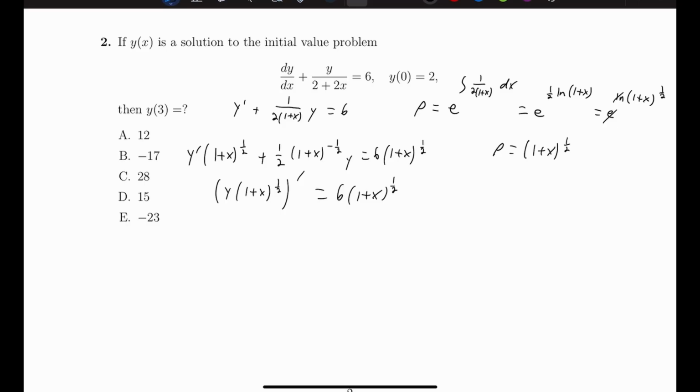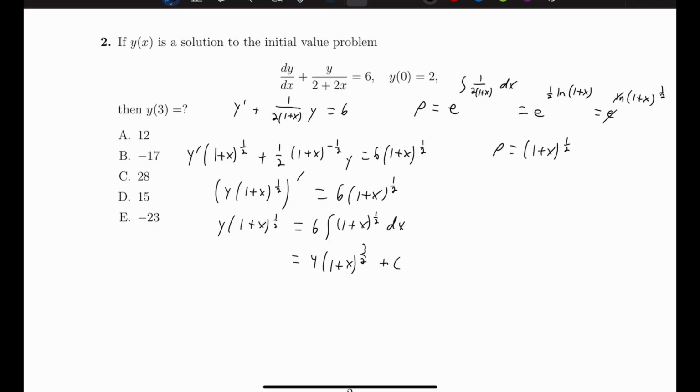Go ahead and take the integral of both sides, so that'll just leave you with y times 1 plus x to the 1/2 equals 6 times the integral of 1 plus x to the 1/2 dx. When we go ahead and integrate that, pulling down 3/2 will give us 4 times 1 plus x to the 3/2.